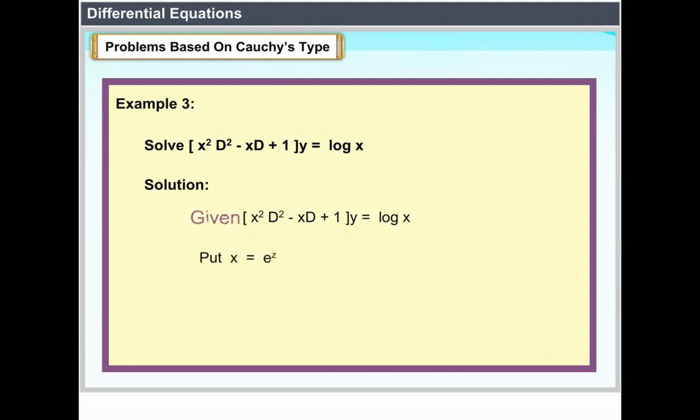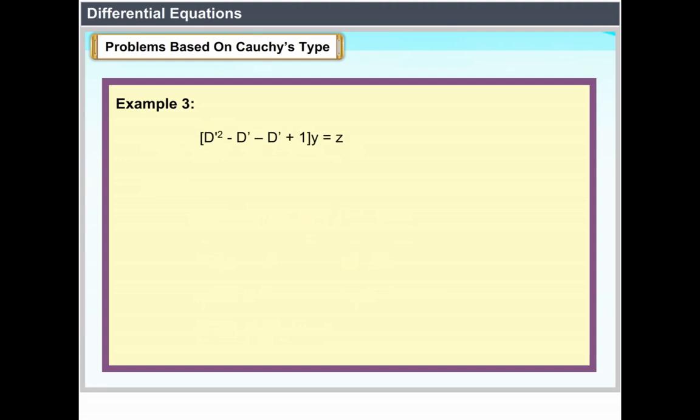Put x equal to e power z. After taking log on both sides, we are getting log x equal to z, xD equal to D dash, x square D square equal to D dash into D dash minus 1. D dash into (D dash minus 1) minus (D dash minus 1) into y equal to z, so (D dash square minus D dash plus 1) y equal to z, then (D dash square minus 2D dash plus 1) y equal to z, (D dash minus 1) the whole square into y equal to z.